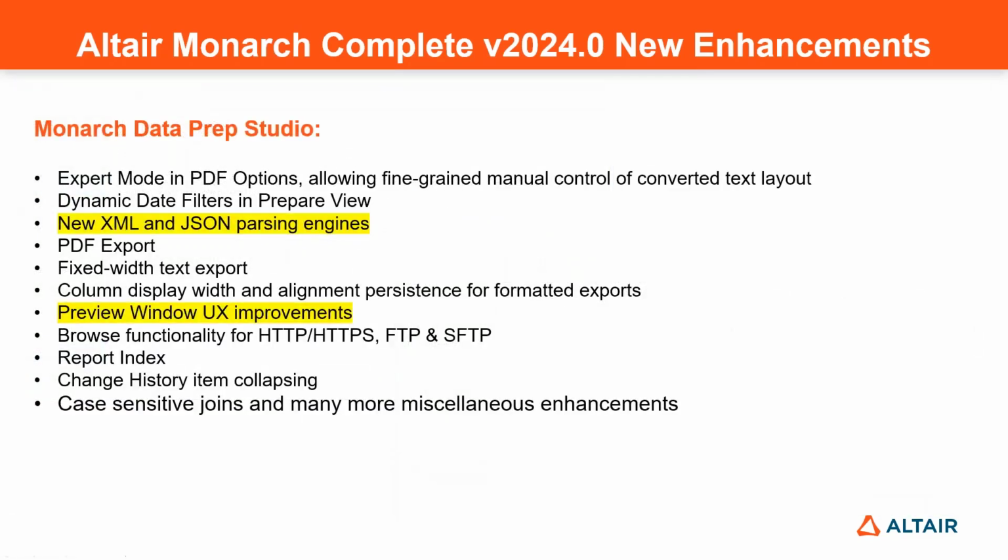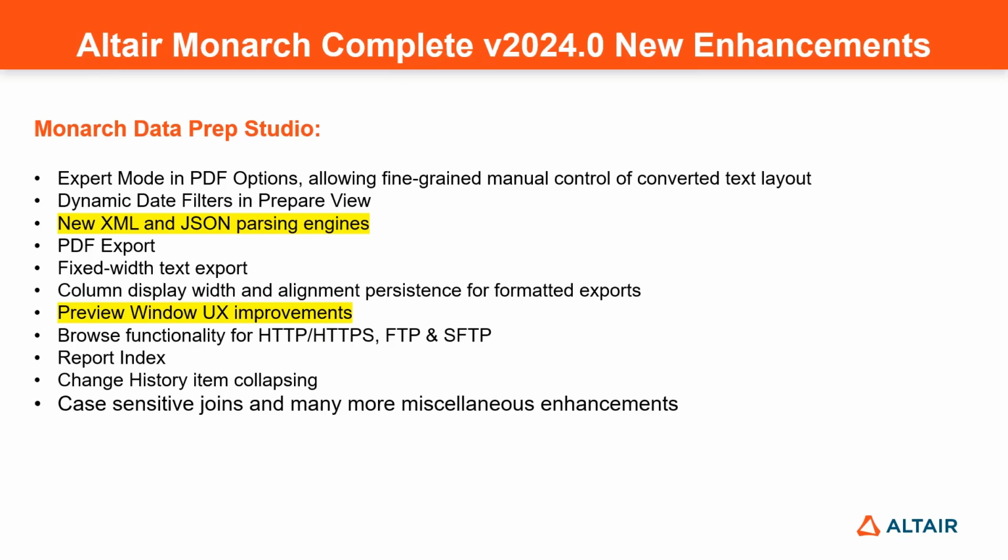These are a few things that we added in Monarch Data Prep Studio. The ones that are highlighted are XML and JSON parsing, as well as a preview of Windows user experience improvements. There's nothing I can show you, but we made significant improvements to parsing XML and JSON, particularly if the JSON had over 1,500 columns.